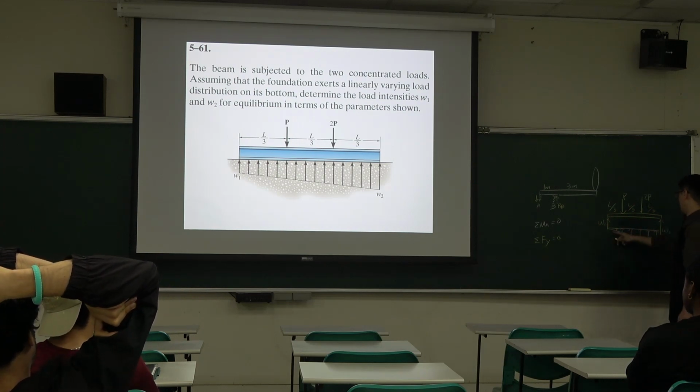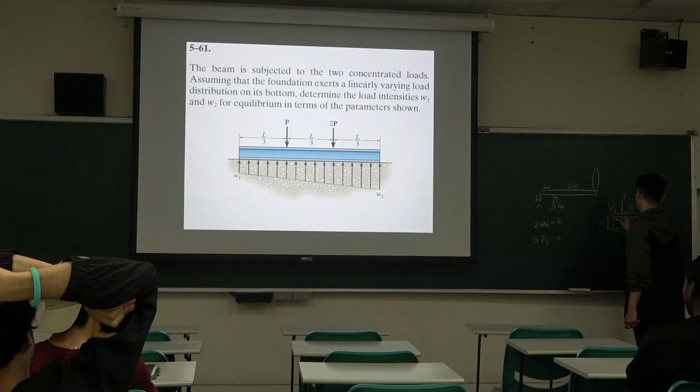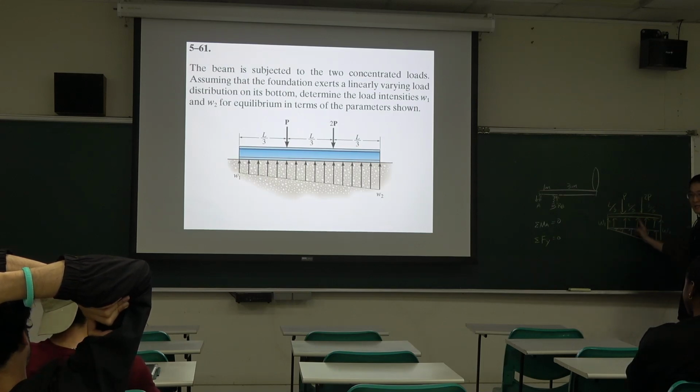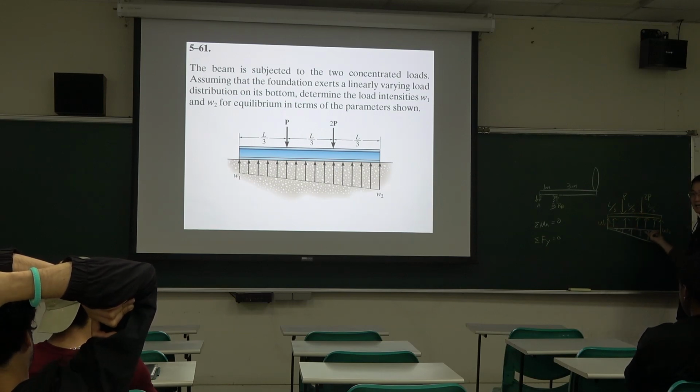So it becomes a rectangle and a triangle. For the triangle, the center of gravity is at 1/3. The rectangle is in the middle. The triangle is 1/3 here.